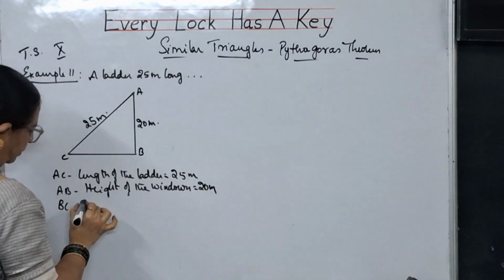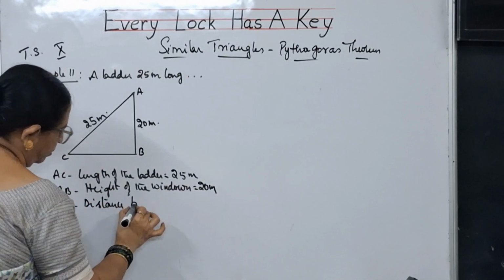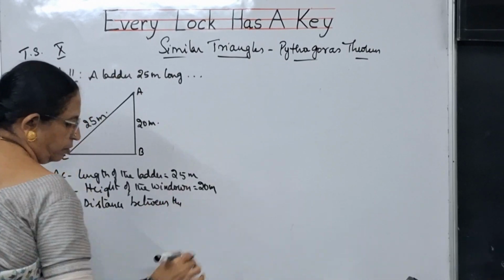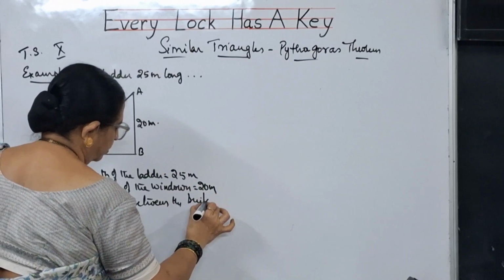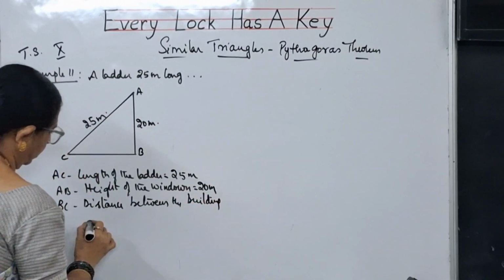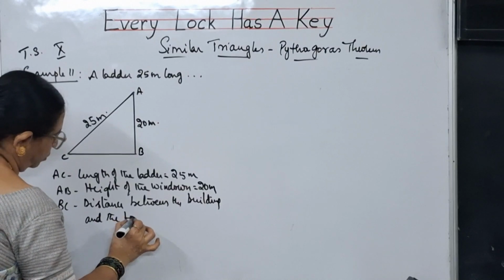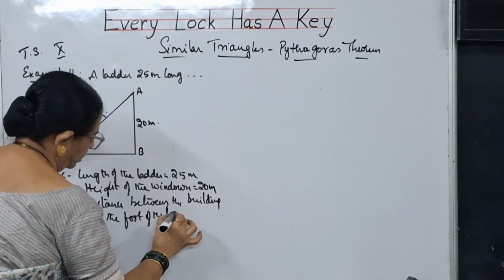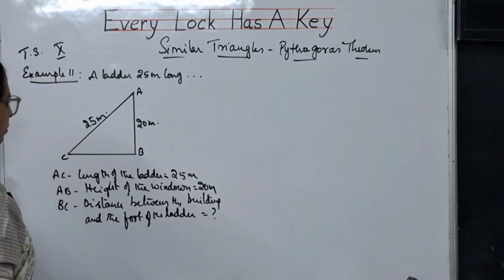Then what is BC? The distance between the building and the foot of the ladder. This is what we need to find.